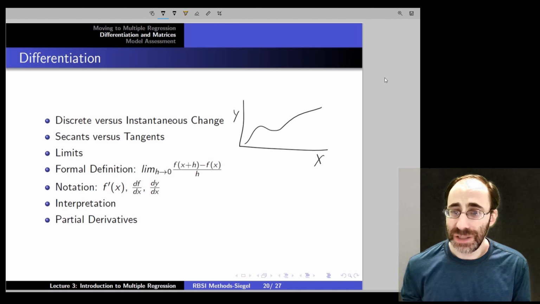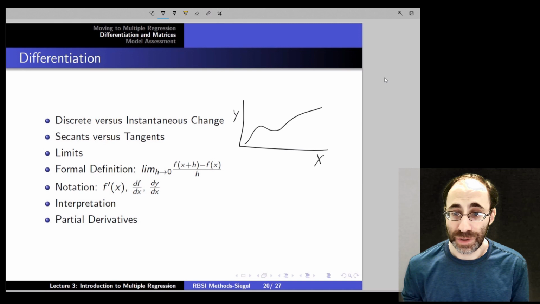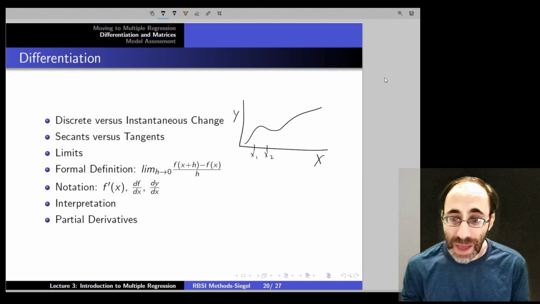Well, discrete change is the rise over run idea you've seen before. So if I want to know how much y changes between, say, this point and this point, I call this point x1, I call this point x2, and I look up on the plot, and I say the matching point over here is y1, and the matching point over here is y2.